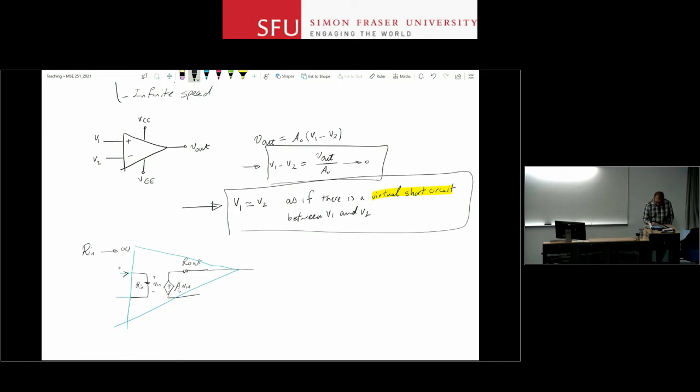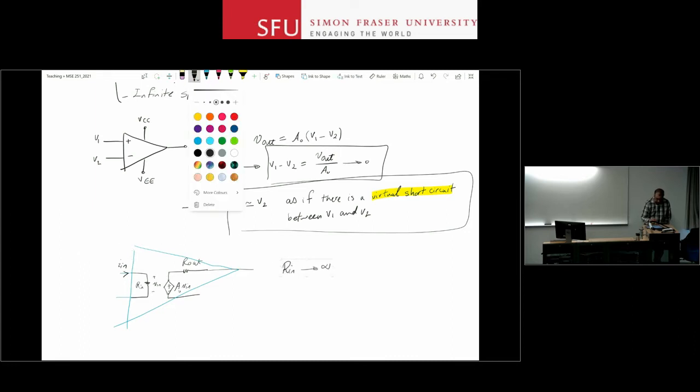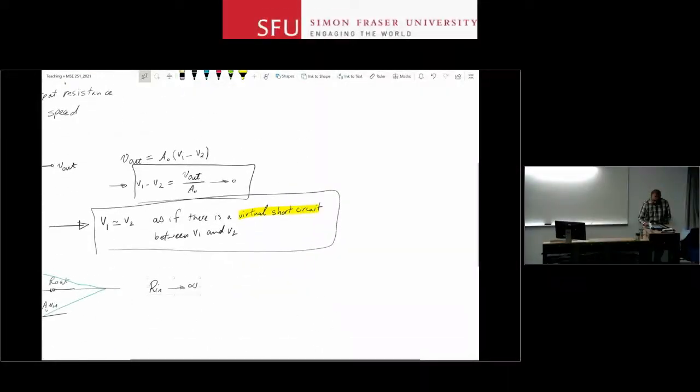Now, there is a current going into this terminal for that input amplifier, right? And we saw that in order to figure out what R in is, you attach a test source there, measure I in, and the ratio of the two gives you the input resistance. However, if R in is infinite, something interesting happens.